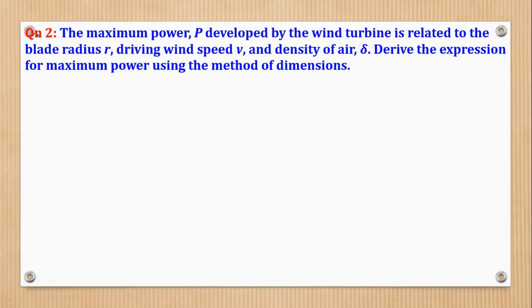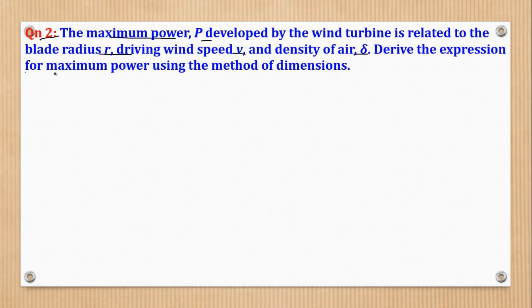Then question 2 says the maximum power P developed by the wind turbine is related to the blade radius r, driving wind speed v, and density of air sigma.